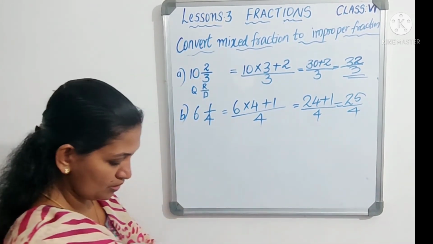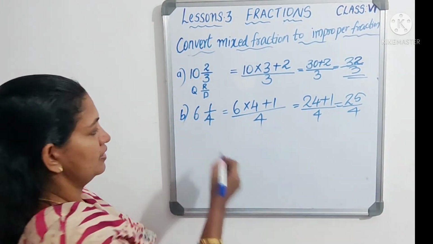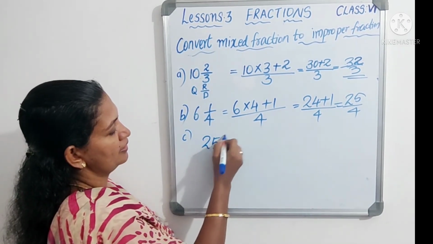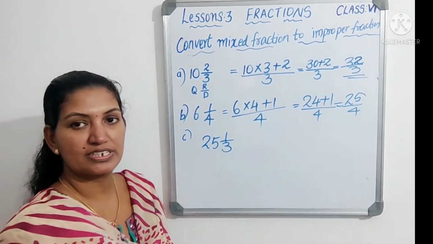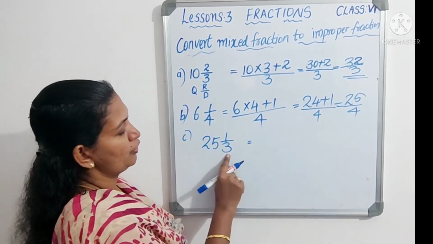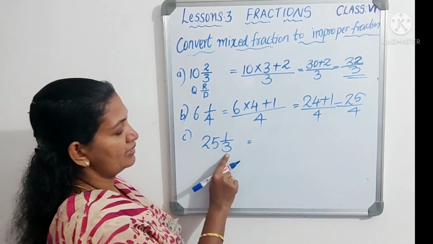Okay. Next question, 25 1/3. First we have to multiply the whole number and the denominator.